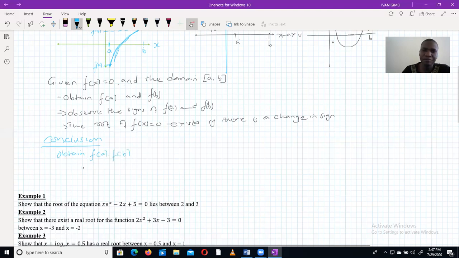Then you say, since f of a times f of b is less than 0, then the root of f of x exists in the interval AB.